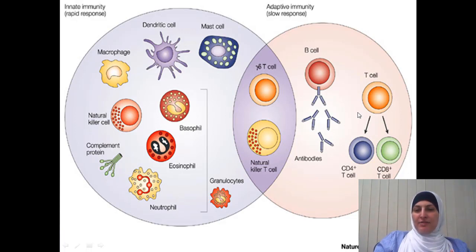In the adaptive immunity, we have different types of cells. We have the B cells, we have the T cells, and we have now the natural killer T cells and the gamma delta T cells. They are still T cells. They are different than the natural killer cell that we have discussed today as part of the innate immunity.